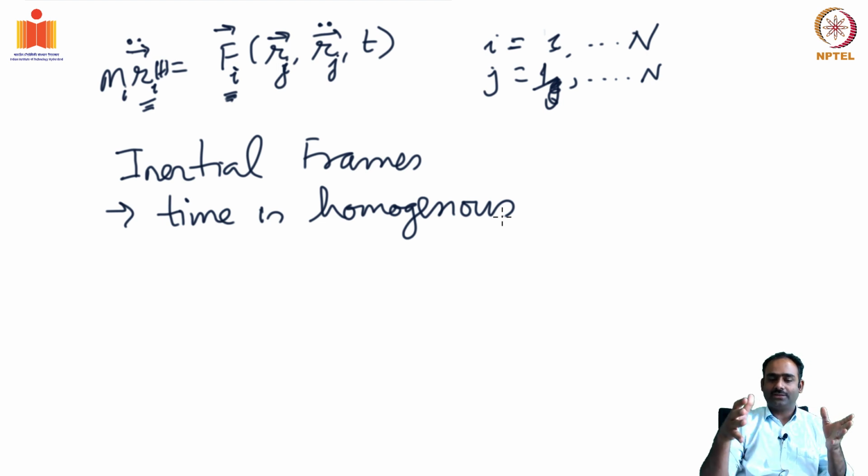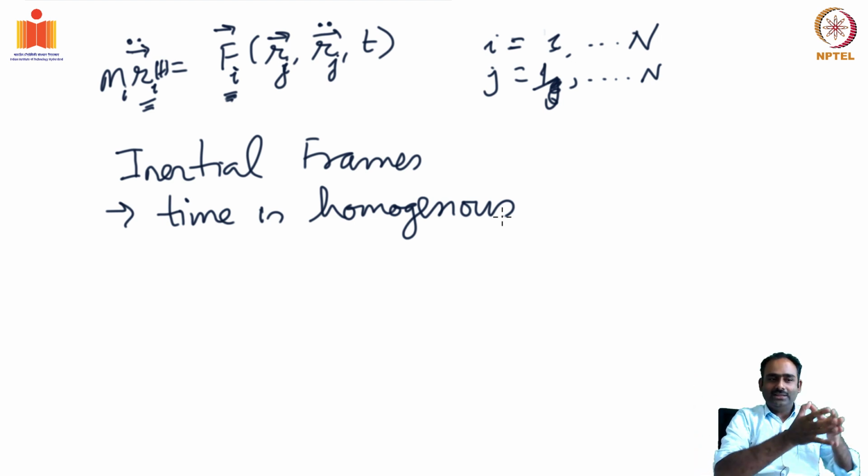There is also another fact which you definitely know: if you take your experimental setup, whatever experiment is happening, and instead of doing it here, you do it a million kilometers away from here, or a billion kilometers away, whatever results you get here are the same you will get by doing the same experiment millions or billions of kilometers away.